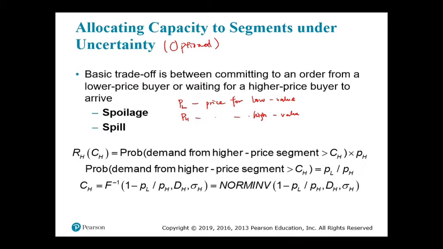And we make the assumption that the demand for the higher price segment is normally distributed, with a certain mean DH and a standard deviation sigma H. And say up front we're going to reserve CH amount of capacity.